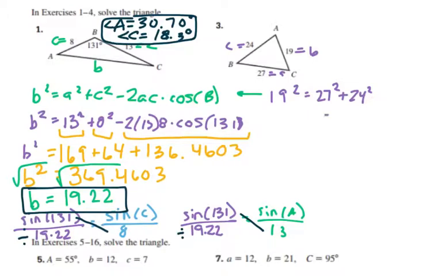I'm going to run out of room. So minus 2 times 27 times 24 times cosine of b, since we don't know what that is.